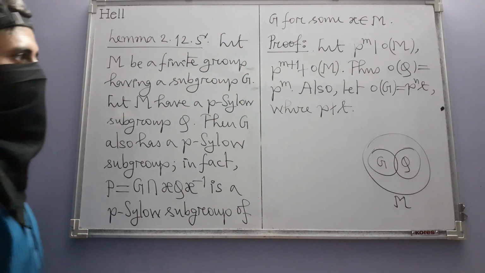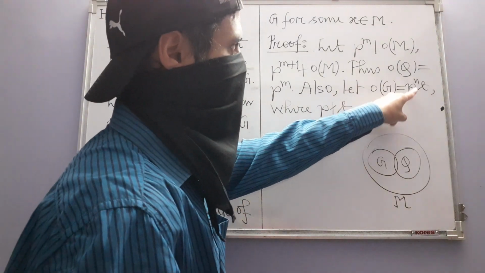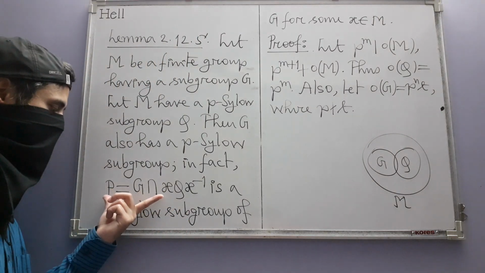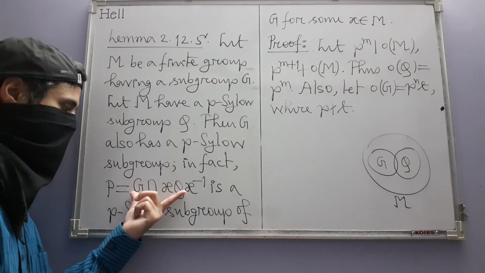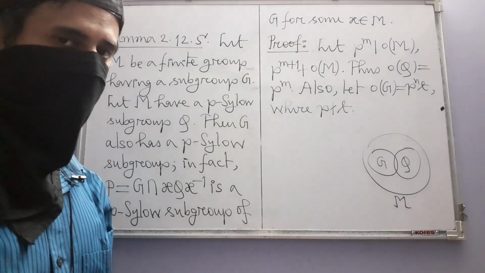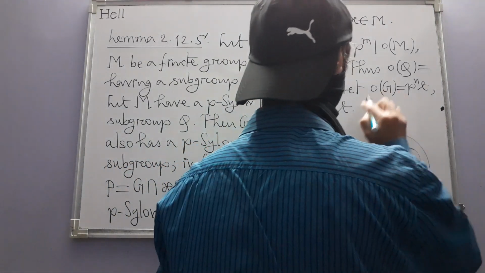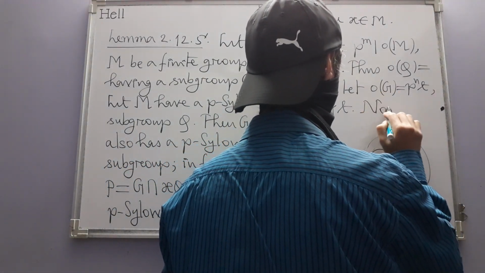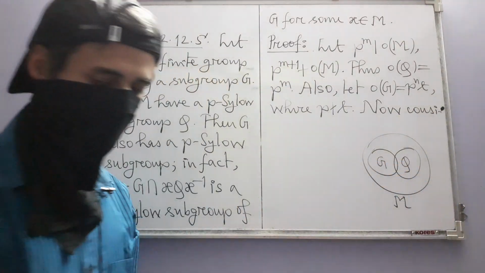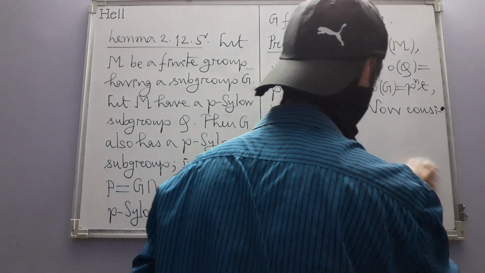So we are now seeking a subgroup of G whose order is p^n, and the claim is that such a subgroup is of this form for some x in M. That is the claim. Now we are going to consider that double coset decomposition.